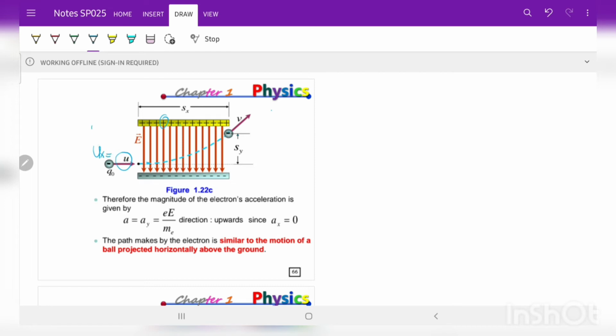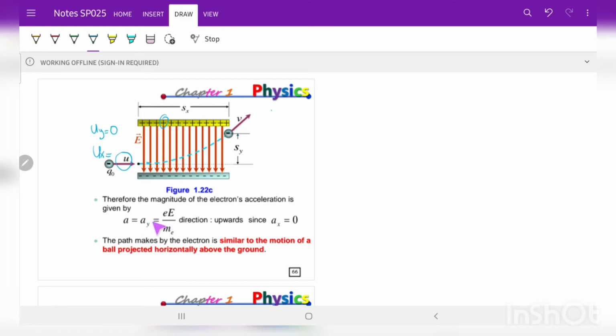What is uy? Uy is 0 sebab dia hanya bergerak pada horizontal sahaja. Dia masuk, dia enter the electric field. Since it's negative, so dia akan attracted to positive plates. So pergerakannya akan jadi secara parabolic path. Then once it exit the plate here, dia akan moving with a straight line, final velocity v di sini.